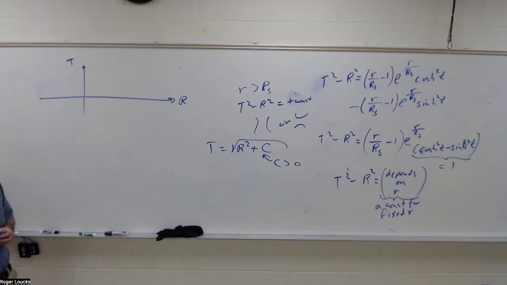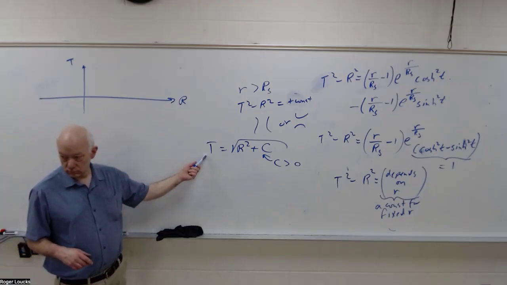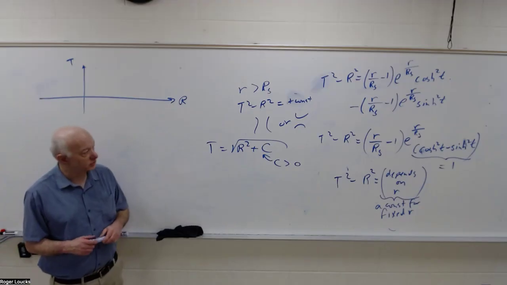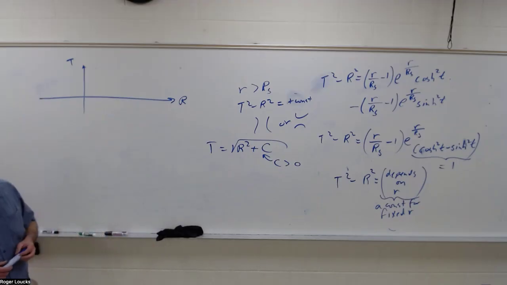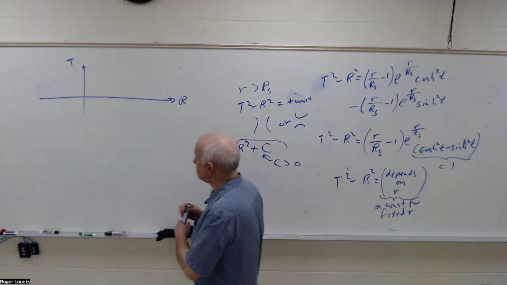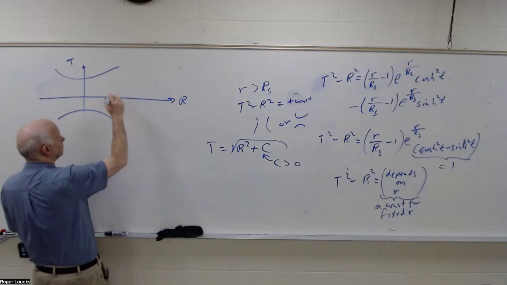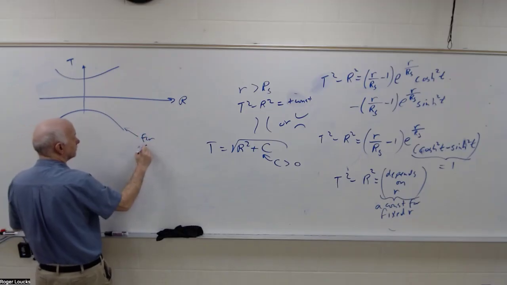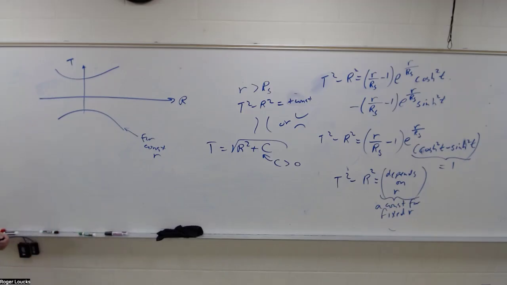Can your t ever equal 0? It can never equal 0. So which way does it have to be? It has to be this one here. Does that make sense? So this would have to be something that goes like this, and this would be for constant r.